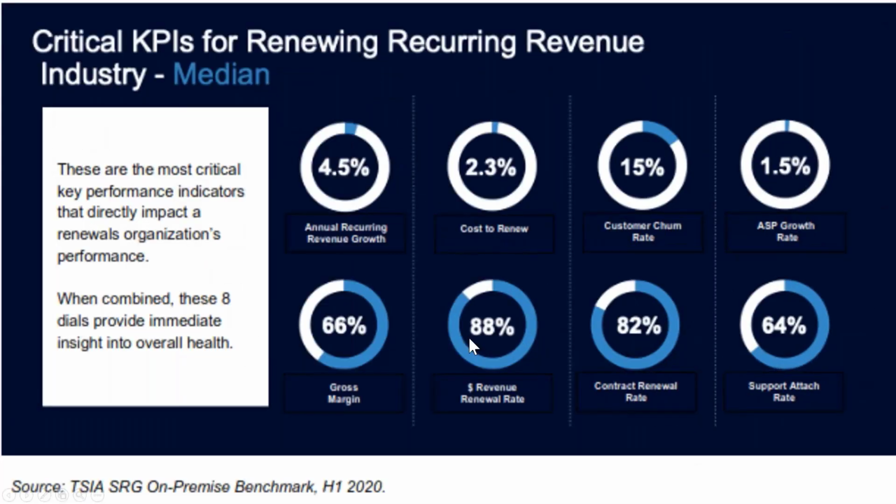All right, so with that, what I wanted to do is get to what is important from a renewal tracking standpoint. So, we've talked a little bit about the process, complexity, who owns it, and then finally, we always want to close on something that we can measure, right? These are, again, metrics that I've found from TSIA.